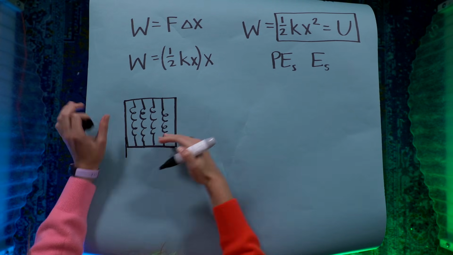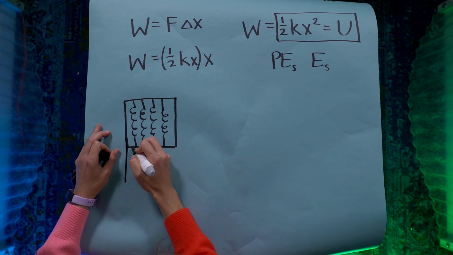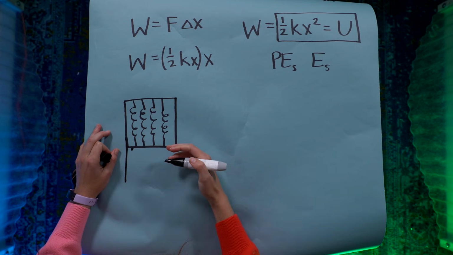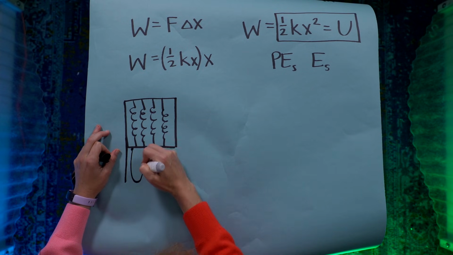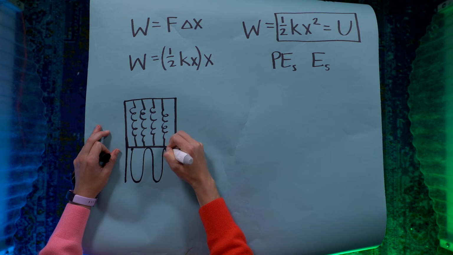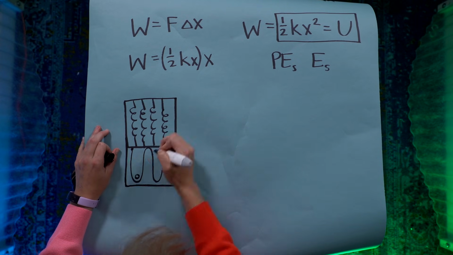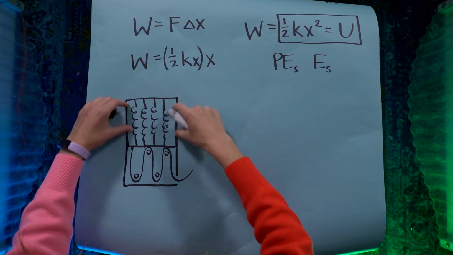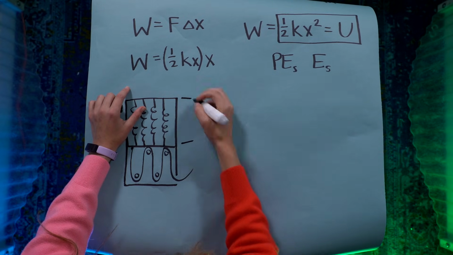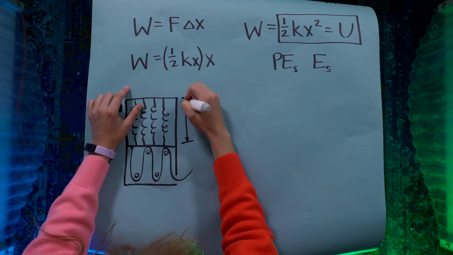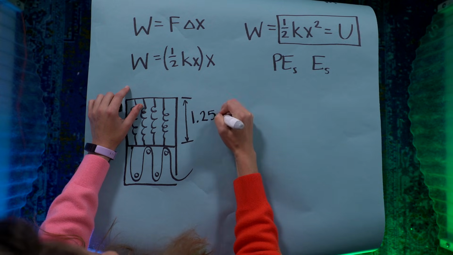This thing is moving up and down and then pulling on one end of the steel cable. And then the cable is attached to a bunch of pulleys like this. And then the springs can compress and stretch a length of about 1.25 meters.